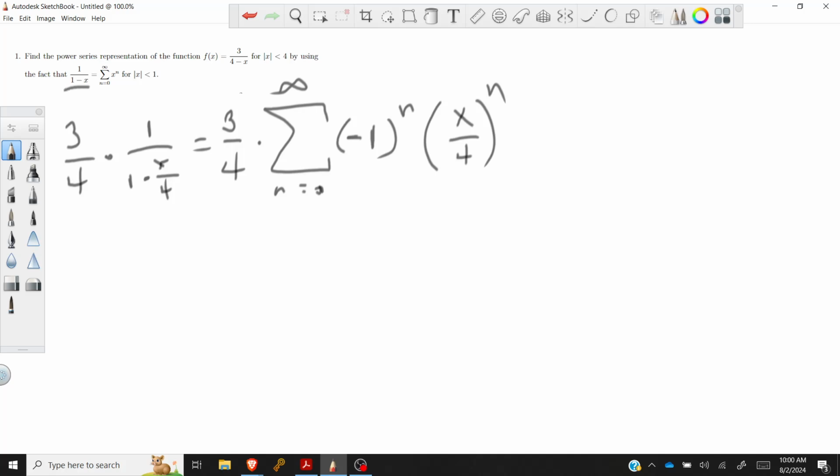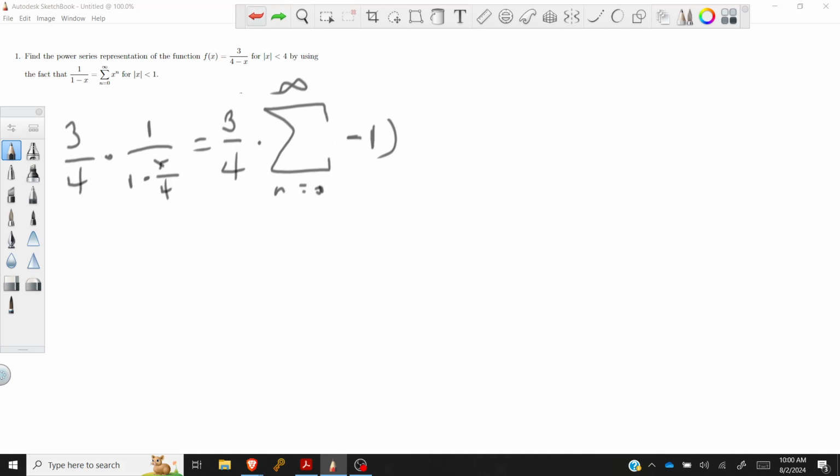Oh, I lied. So I put a negative there. There's not supposed to be a negative. So this whole thing is actually just x over 4 to the n. Since the formula is in this form, if it's negative already, then that's fine.